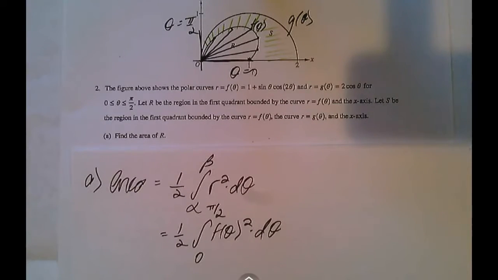Fortunately, this is the calculator active part of the test. You don't actually have to do the integration. You just need to do this on your calculator. So let me switch over.